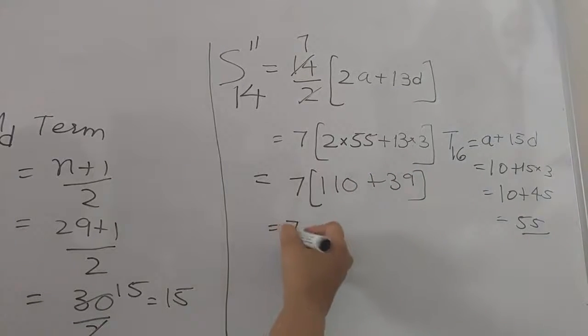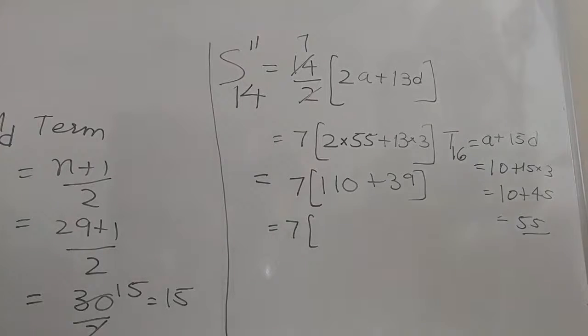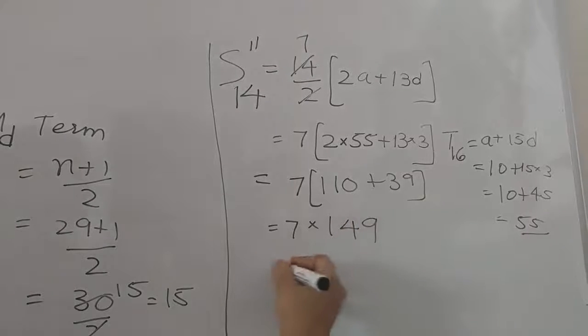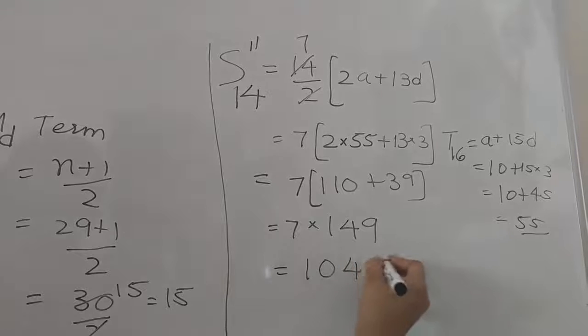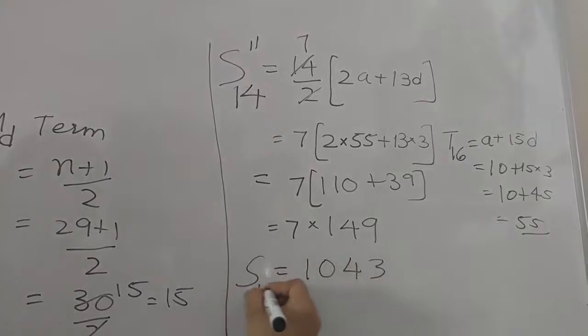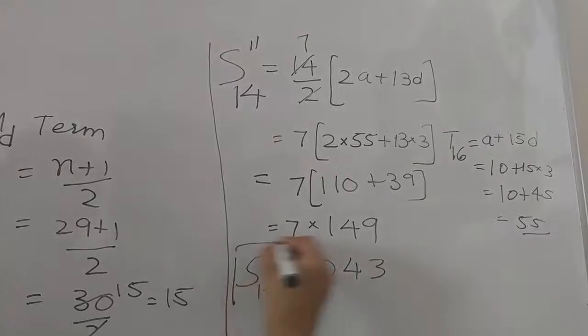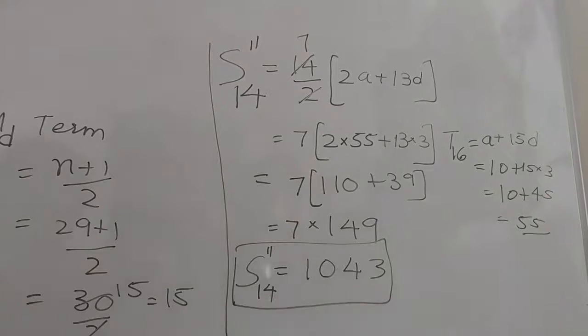Here I get the addition, 110 plus 39 is 149, and multiplication with 7 is 1043. So this is our S14. This way the sum of the first 14 terms, and after the 15th term the 14-term sum, are found.